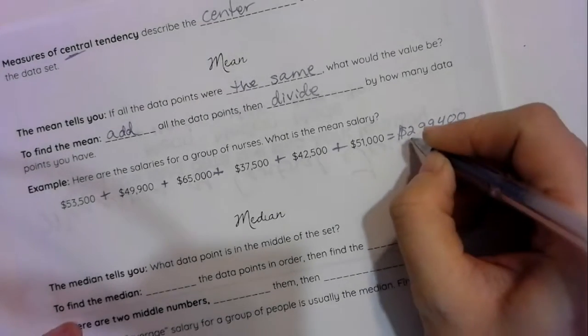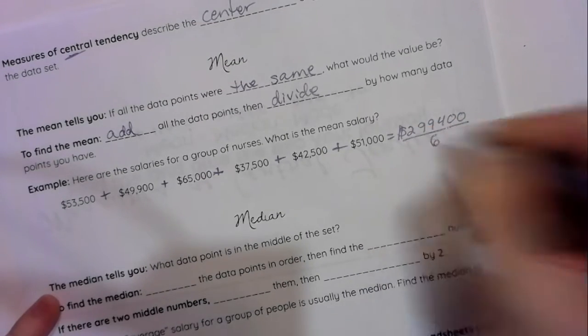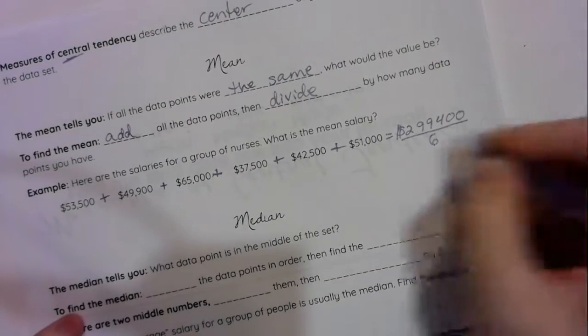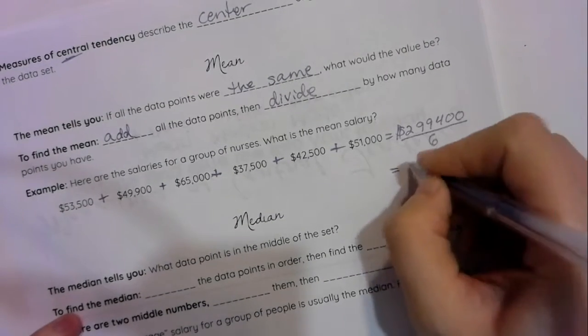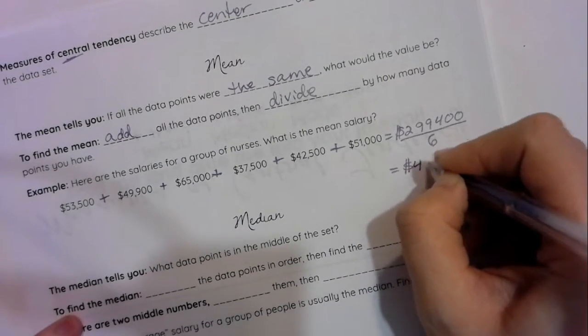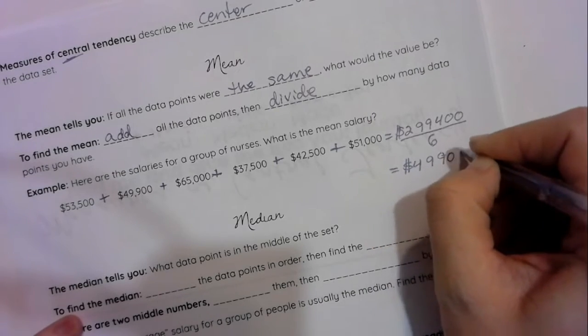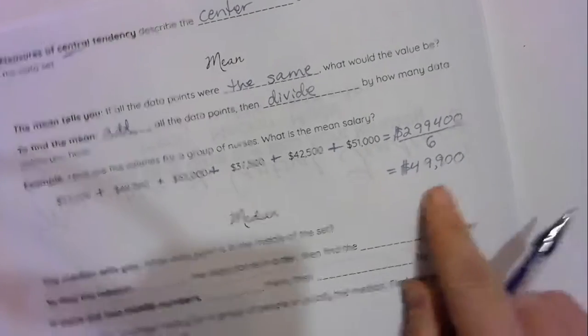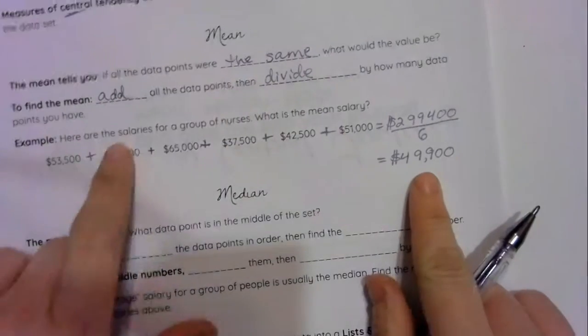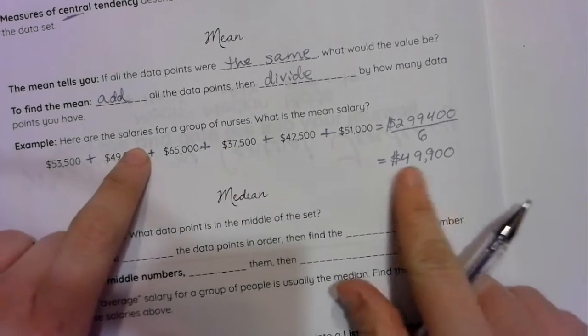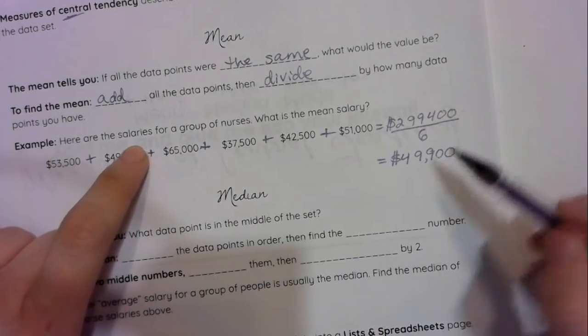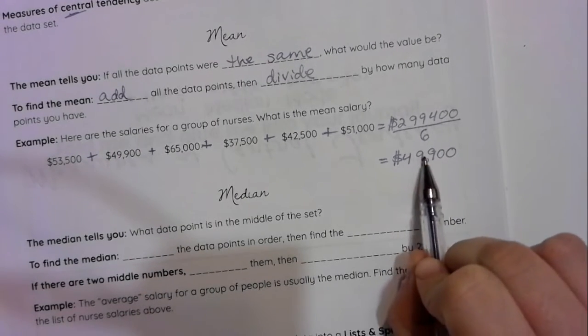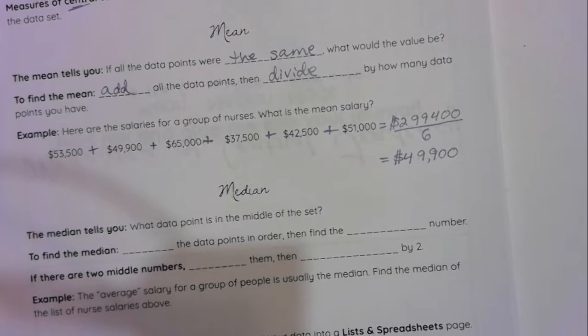And then there are 6 nurses, so we're going to divide by 6. And that gives us $49,900. So if we were to pay all 6 nurses the same amount with the same total of money, they would be making $49,900 each.